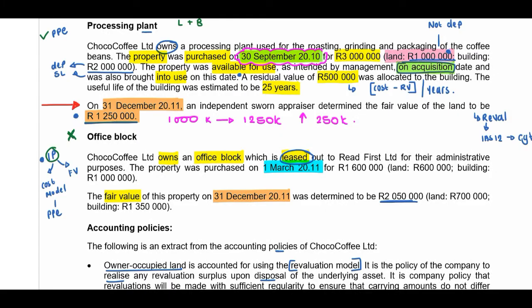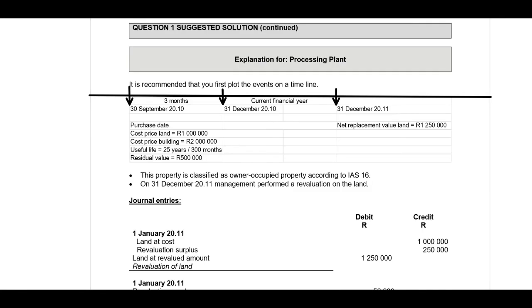Right. Okay, next, our building. Therefore, when we now refer to our building, it had a cost of 2 million on 30 September 2010. Therefore, if we look at our timeline, on 30 September 2010, we had a cost price of 2 million. They've indicated to us that our building has a useful life of 25 years.